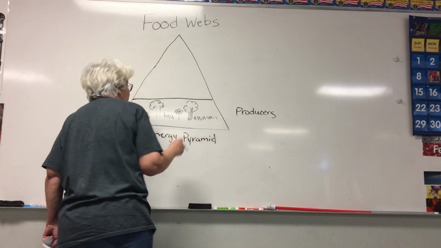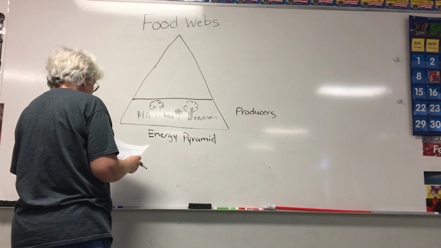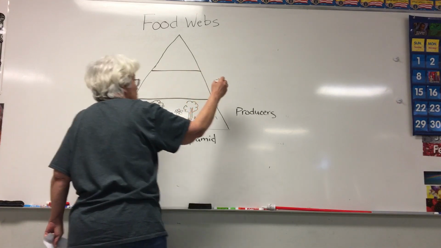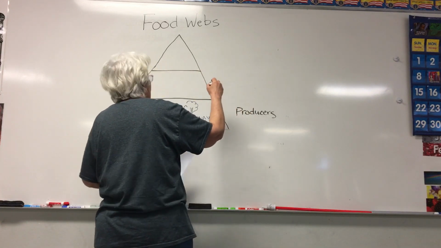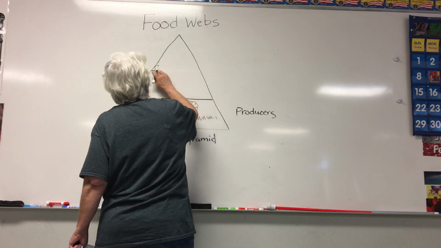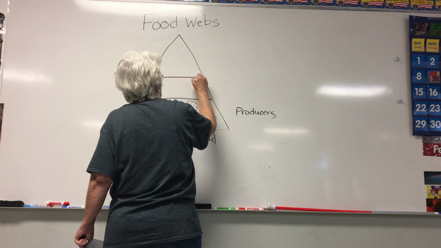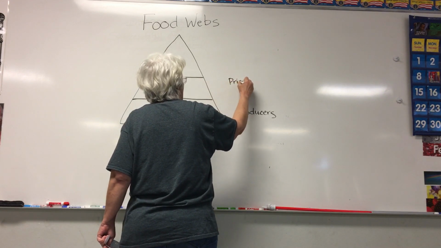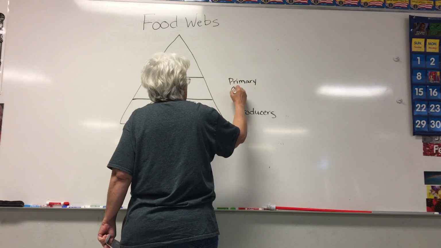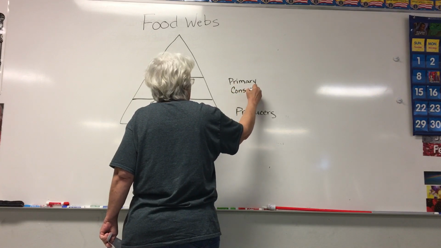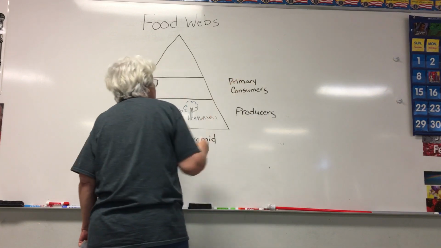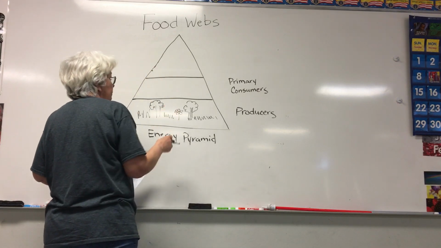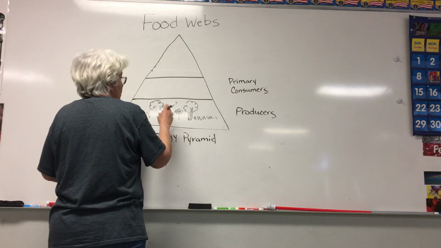Above our producers is our first row of consumers, and we call these our primary consumers. This is the first level of consumers, and these are the things that eat the producers.